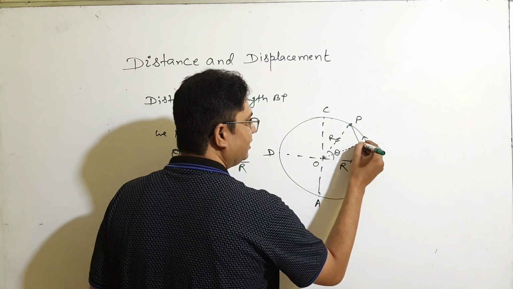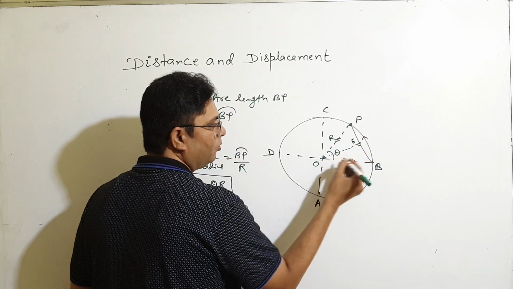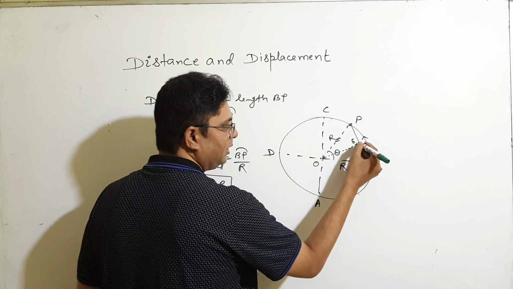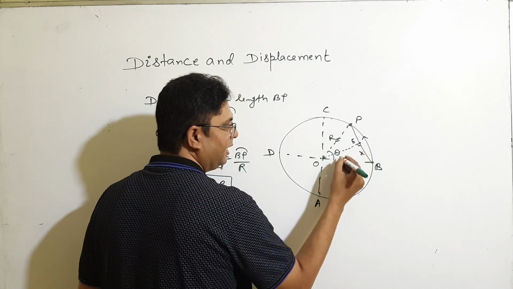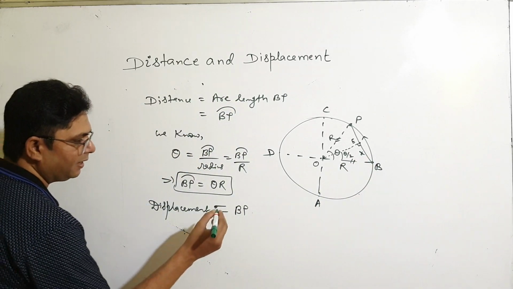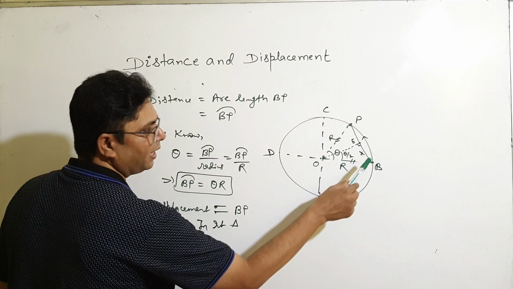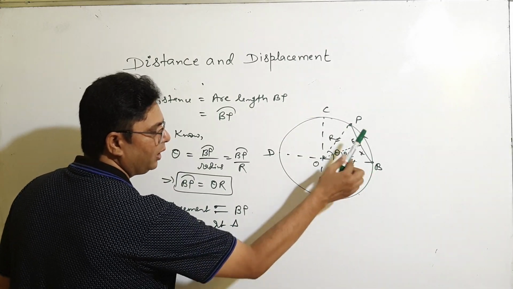Let this point be E. So BE is equal to X, and this angle is theta upon 2. So you have a right triangle. In right triangle, this is the triangle BOE.